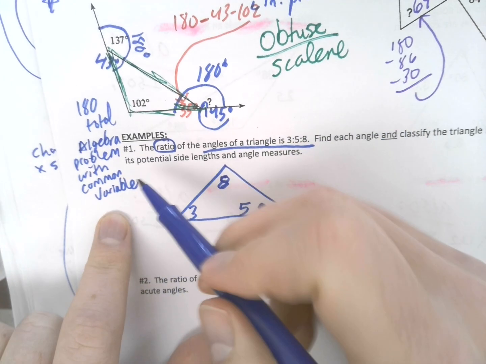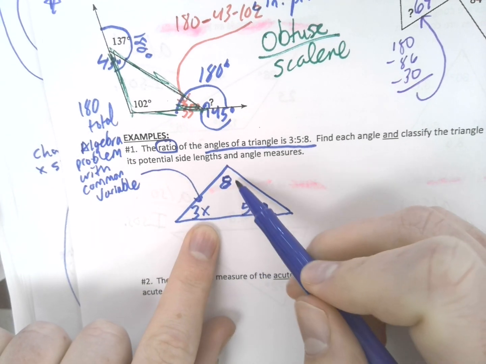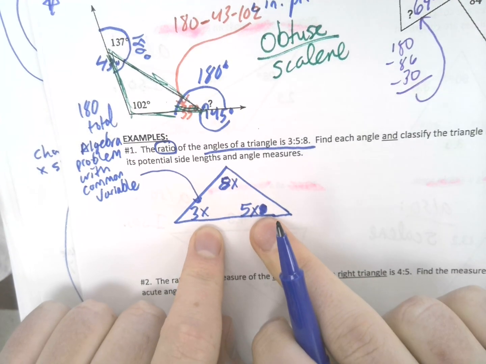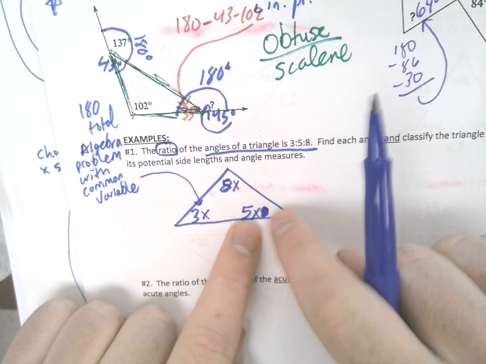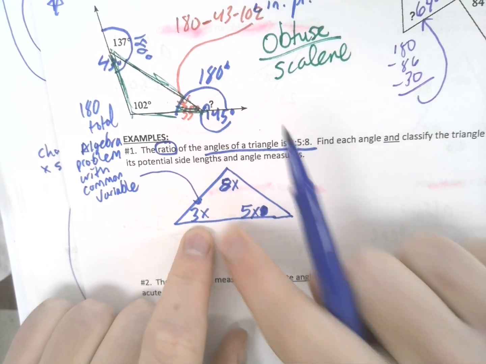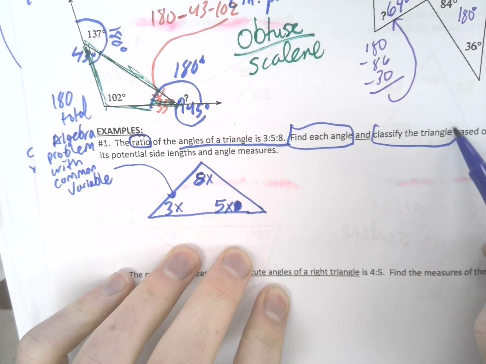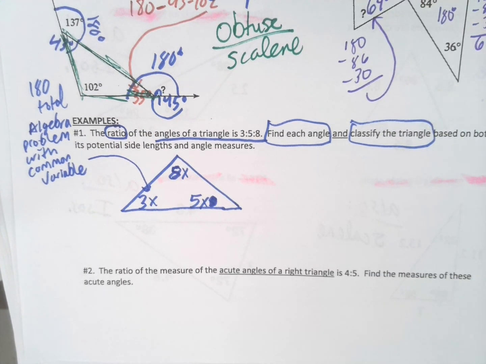So here's where we use a common variable. We'll go 3x, 8x, and 5x. So this is our ratio here. We know that 8x is going to be our biggest angle, that's going to be our second biggest, and that's going to be our third biggest. So we're going to find each angle and then classify the triangle based off the potential sides and angle measures.